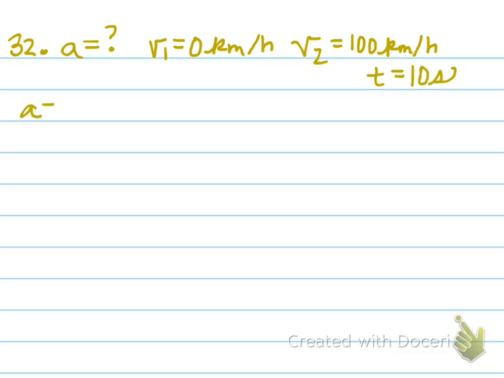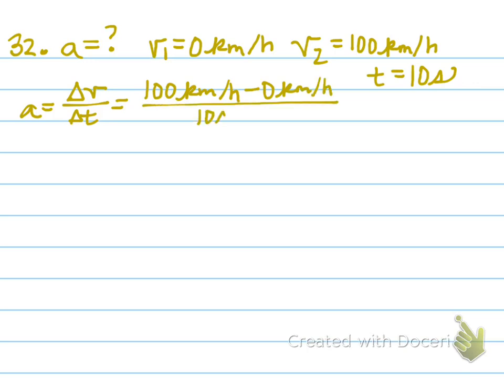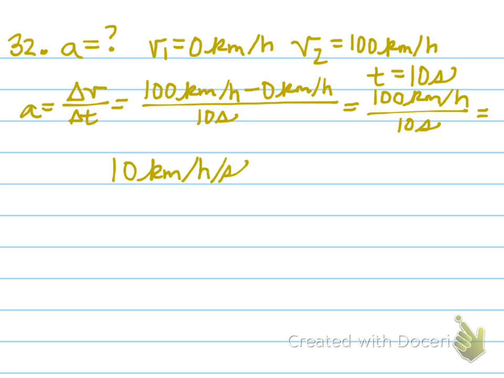So our equation for acceleration is our change in velocity over our change in time. So our change in velocity is 100 kilometers per hour minus 0 kilometers per hour divided by the 10 seconds, which is basically 100 kilometers per hour over 10 seconds. 100 divided by 10 is 10. So it's 10 kilometers per hour per second.